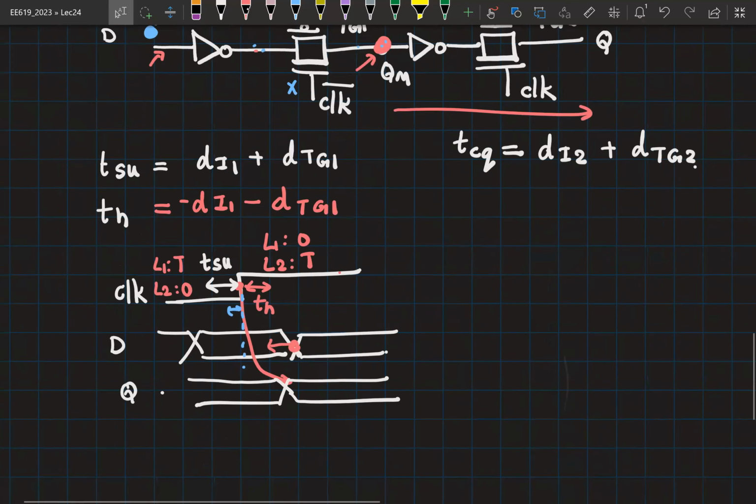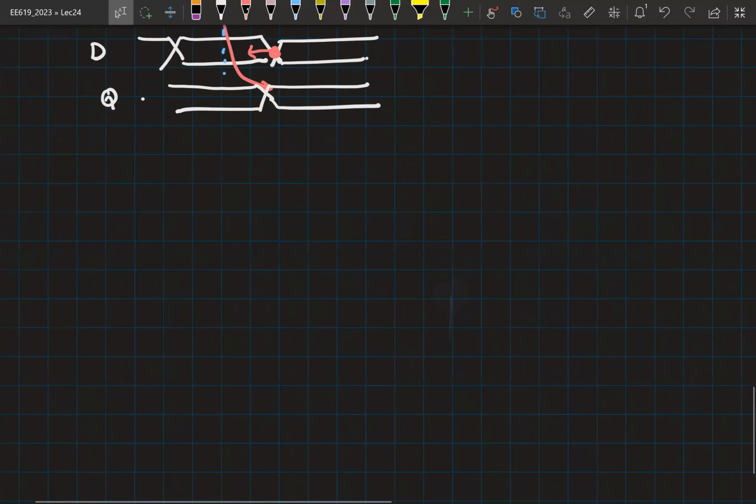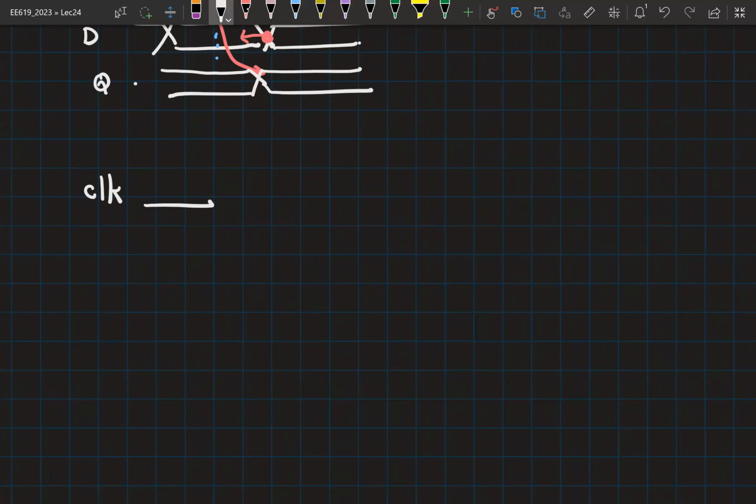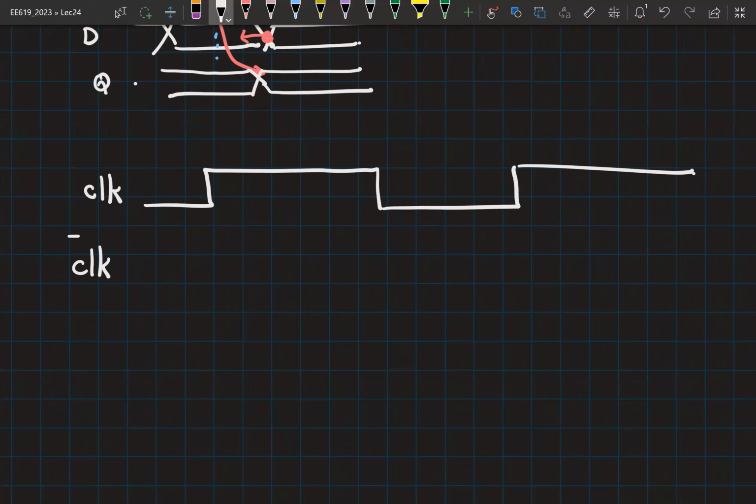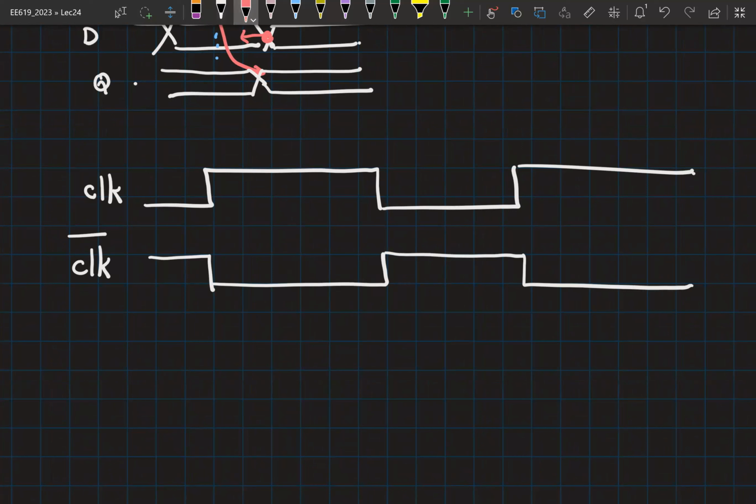So I'm going to assume that you have a clock and a clock bar. Ideally, we would expect the clock bar to be like this. But let's say that there is a delay with which clock bar is being generated. Therefore, your clock bar signal is now like this. Okay, so let me draw this on the board.